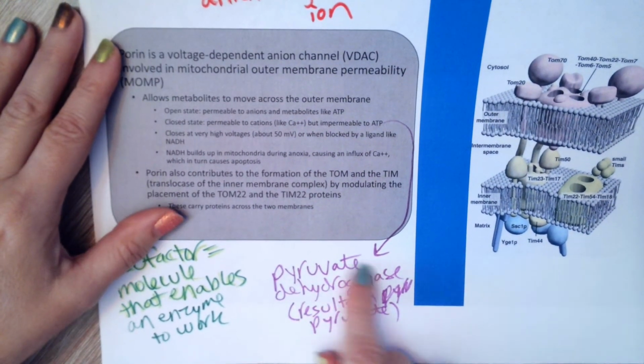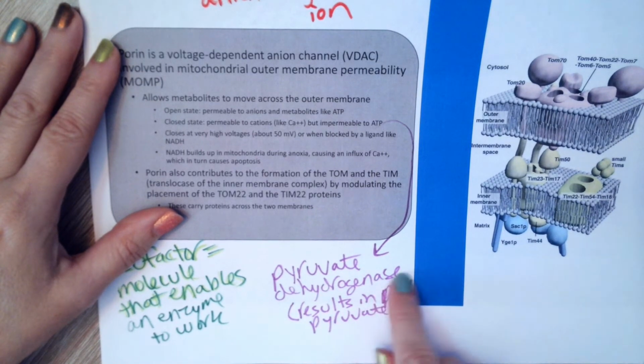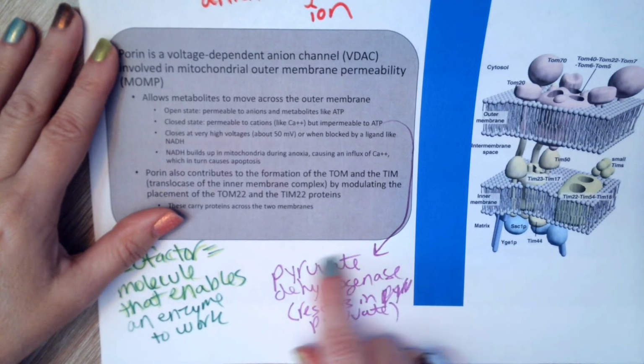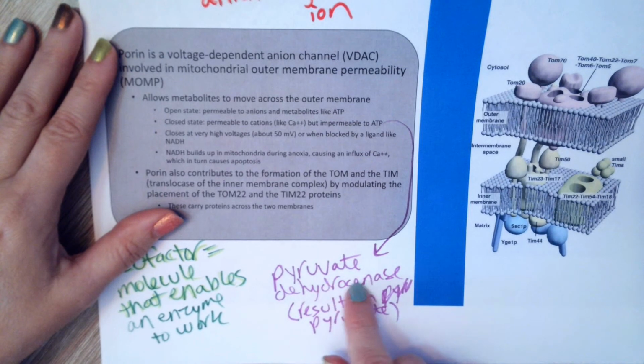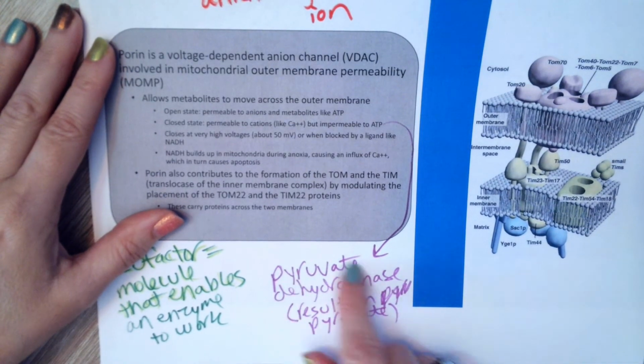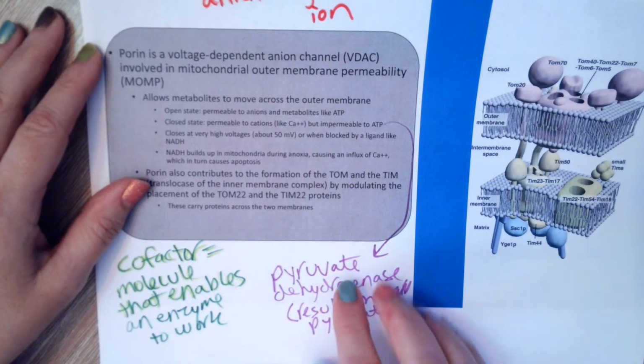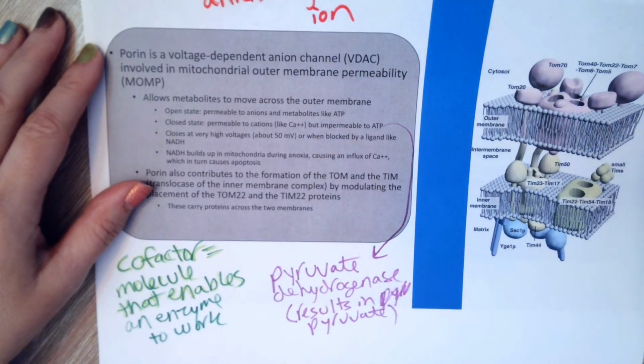And there is one specific enzyme, pyruvate dehydrogenase. There's that ase at the end, which tells you that this molecule is an enzyme. It says pyruvate, so you know it's going to have something to do with pyruvate, which came from glycolysis. This is an enzyme that you should remember.